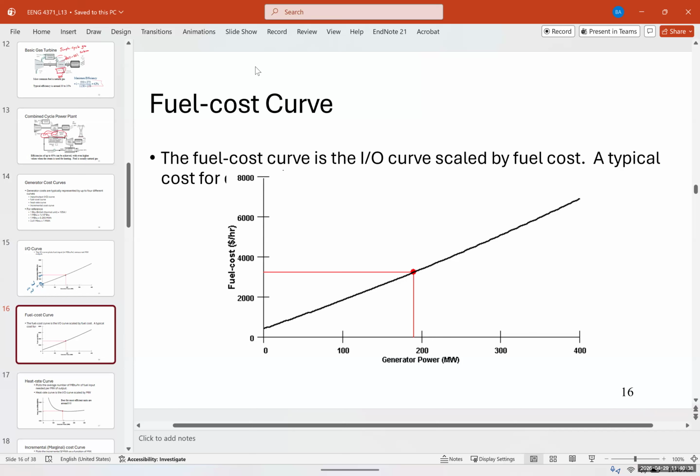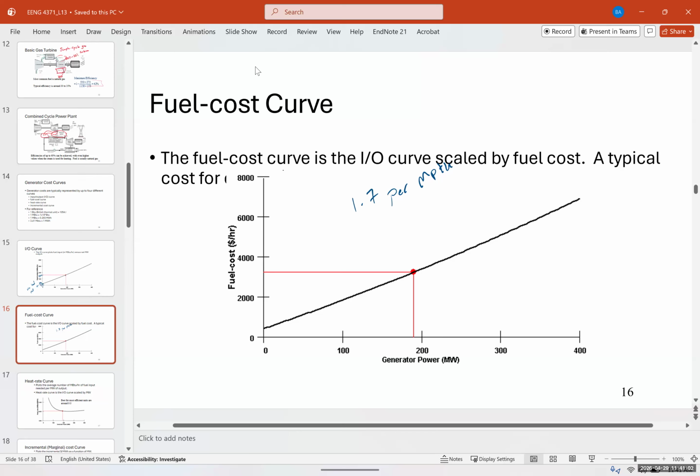Now, this one is the fuel cost curve. This is simply the I/O curve multiplied by the cost of fuel. For example, if coal cost is, let's say, 1.7 per MBTU, and it changes daily.